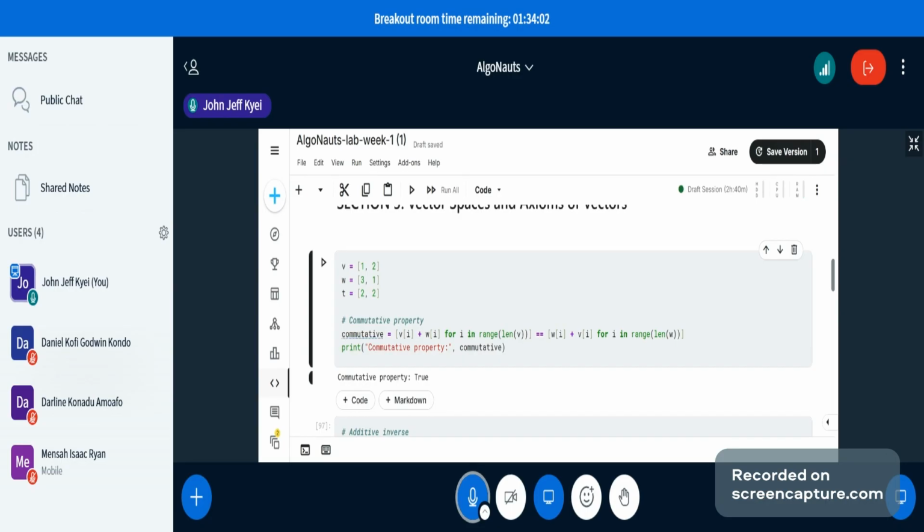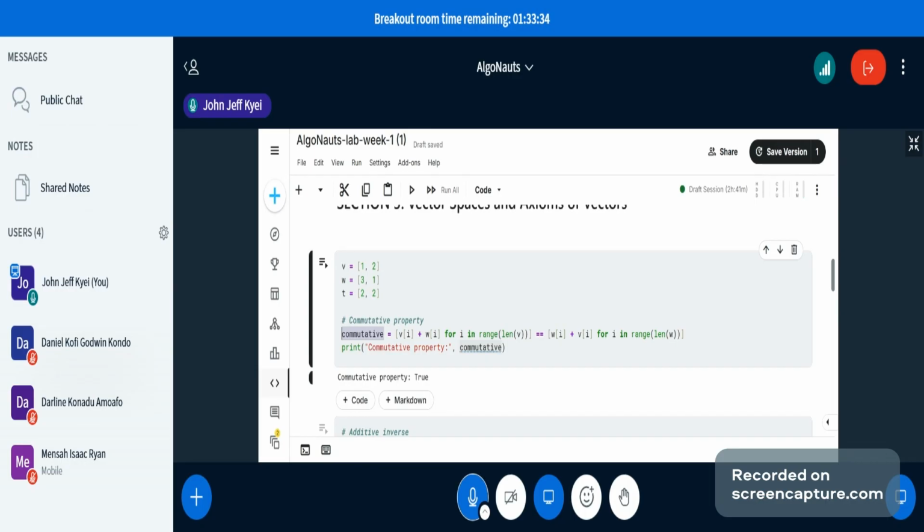and that's what we're trying to do here. So we created a new variable called commutative. What we want is to add the elements in v and w, and compare it with w plus v. So note the change in position: v plus w and w plus v. And if they are equal, I want you to say true.